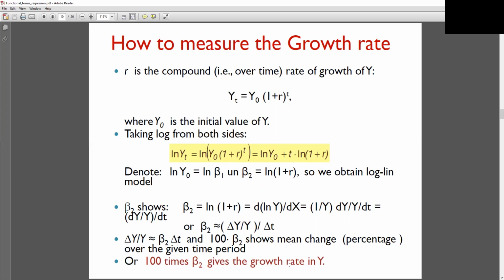So how will you estimate this beta 2? For example, in y you'll be having GDP over the time period. The time period is, for example, 1986 to 2020, so let us give 1 to 34. In T, you'll be having 1, 2, 3, 4, 5, 6 up to 34. And in Y, you'll be having the GDP for the corresponding year.